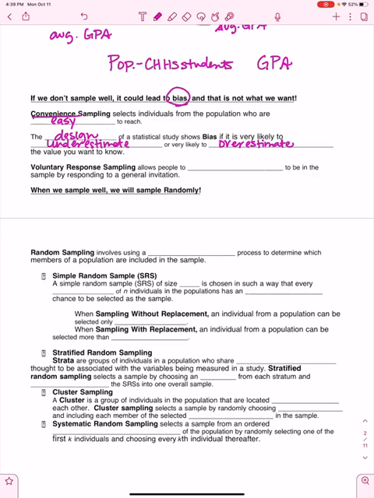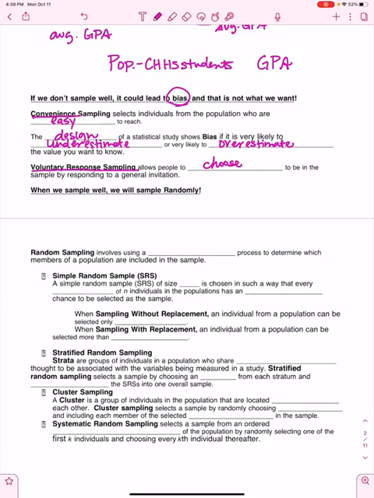Another type of sampling that often allows a lot of bias in is voluntary response sampling. Voluntary response sampling just means that people are allowed to choose whether or not they want to be in the sample. A good example of this would be, let's say I said, hey, fourth period, I have this survey I want you to take. I'm going to put it on Canvas. If you want to answer it, great. If you don't, that's fine too.